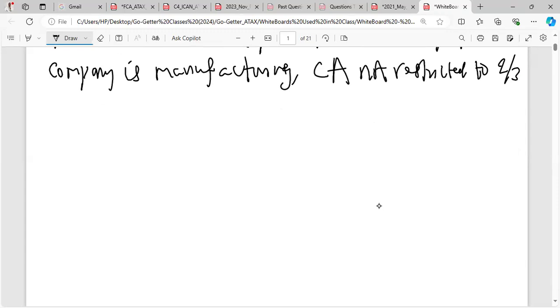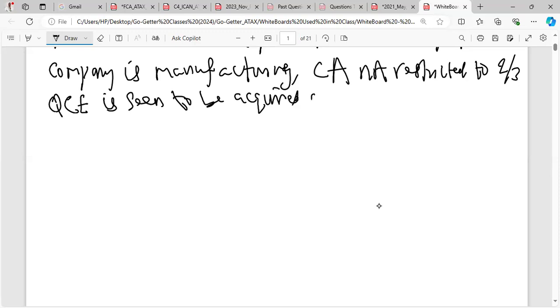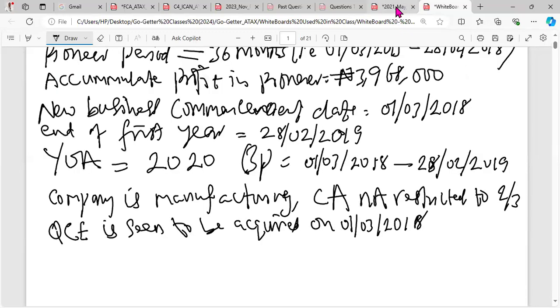You can even say qualifying capital expenditure is seen to be acquired on 1st of March 2018, even though they were bought on or before February 28th, they were all seen to have been acquired on the first day of March.